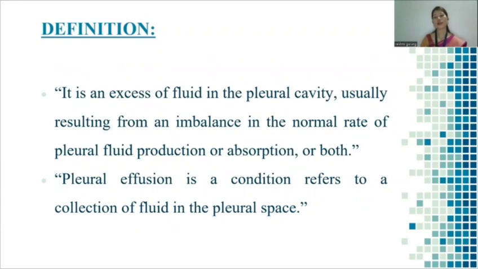In case of any kind of disease, there will be an increase in the production, or sometimes less absorption of this fluid, or sometimes it can be both. So the patient will have an excess amount of fluid in the pleural space.